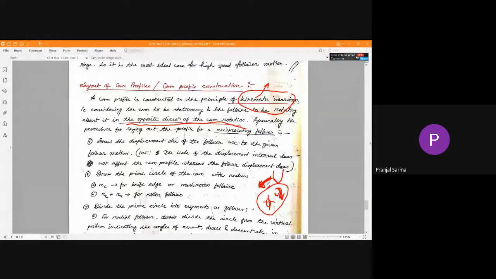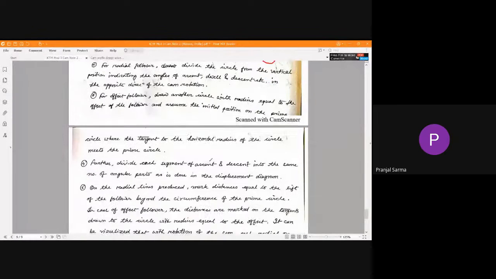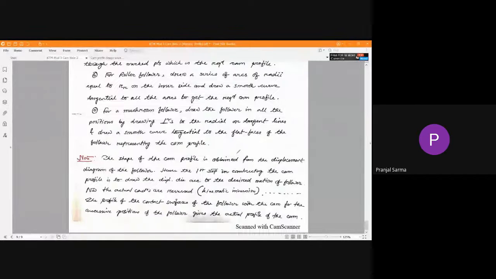Now, we are assuming as if the follower is rotating about the cam. Just like in the displacement diagram, if you recall, we have considered theta along the x-axis and the displacement y along the y-axis. That shows at different theta what is the lift of the follower.